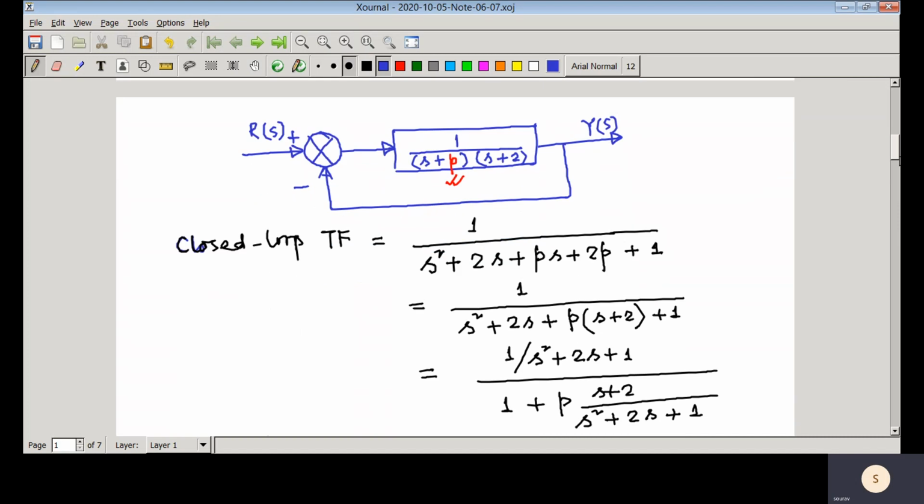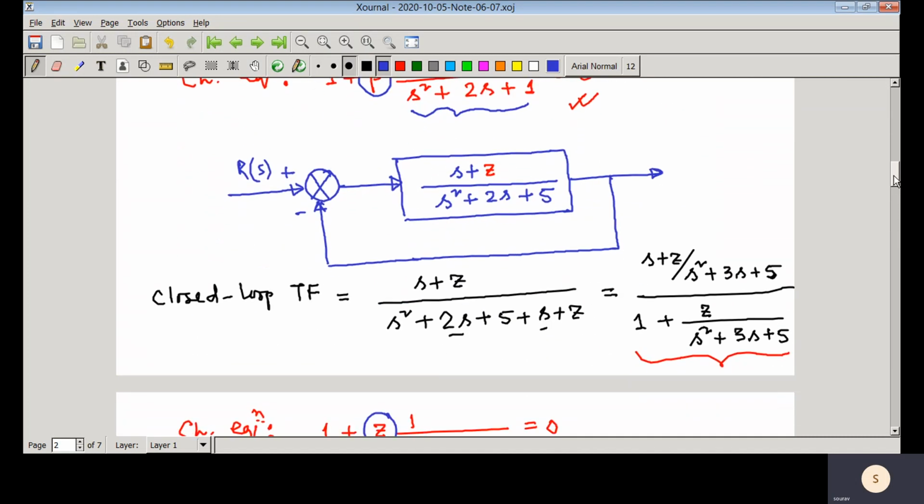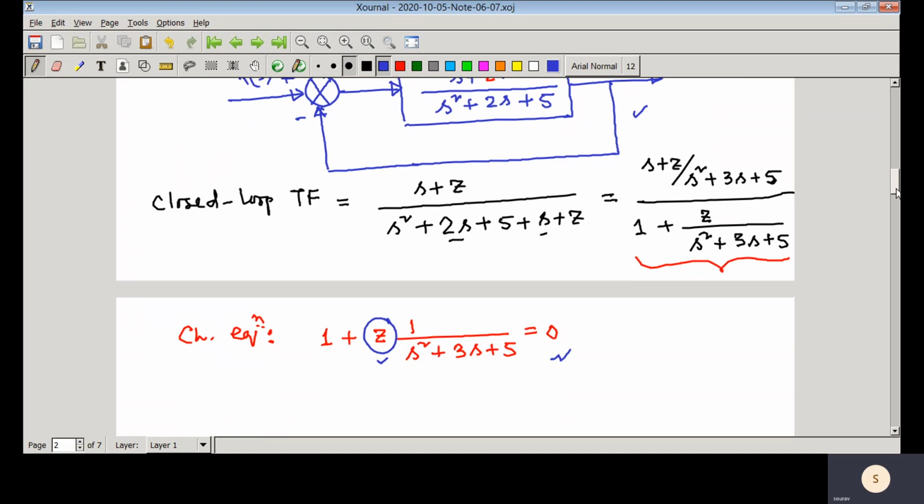So we can see that whenever we have a problem like this where z is varying, how to formulate that problem in root locus, that we have discussed.